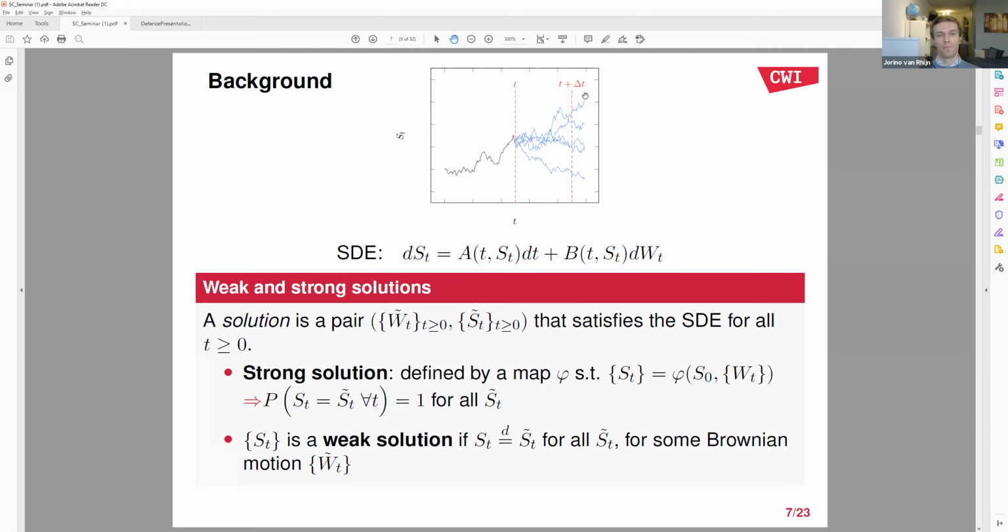So in an SDE, you distinguish between weak and strong solutions. So a solution is always a pair, a Brownian motion and an asset process that satisfies the SDE. But a strong solution, if it exists, not every SDE has a strong solution, but let's assume it exists, then there is a unique relation between the Brownian motion and the process.